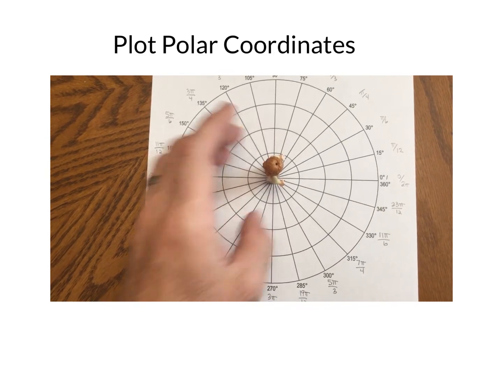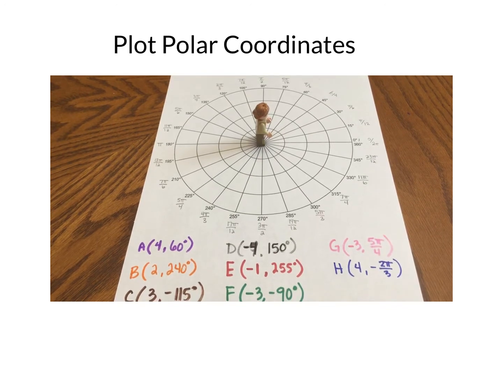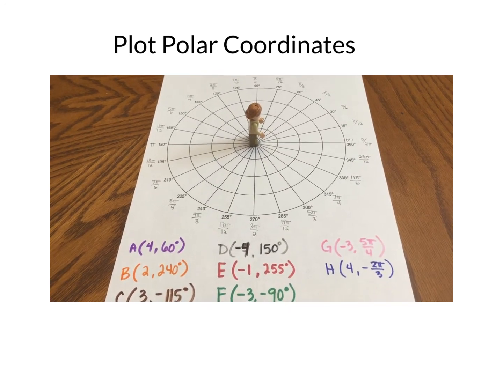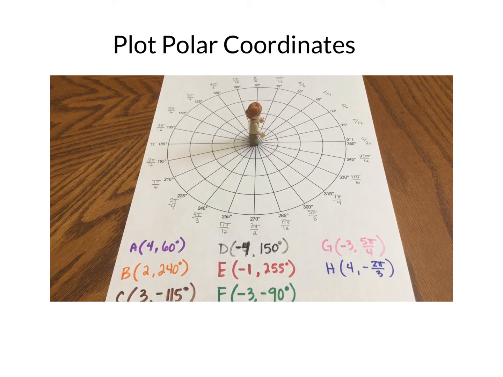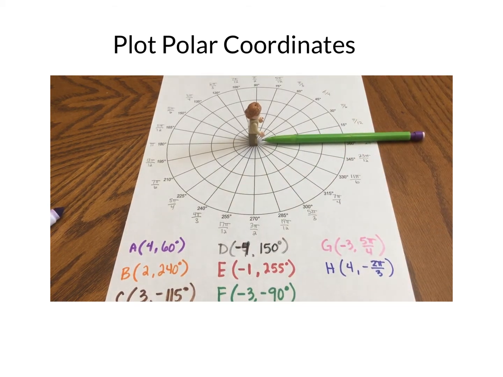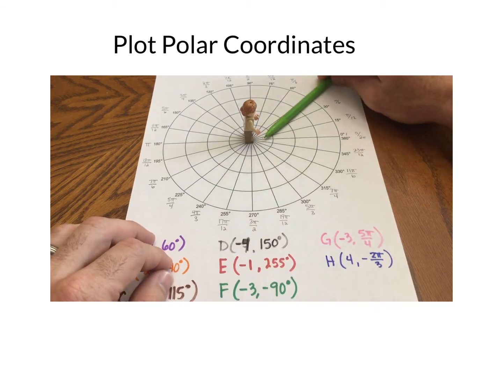When we're doing this, you always start off by looking towards 0 degrees, which is why I'm using this person, because it's important to understand how we go. We're starting off looking at 0 degrees, and the first thing we do is the angle. This says that we're going to go at 60 degrees, so we come up counterclockwise up to 60.